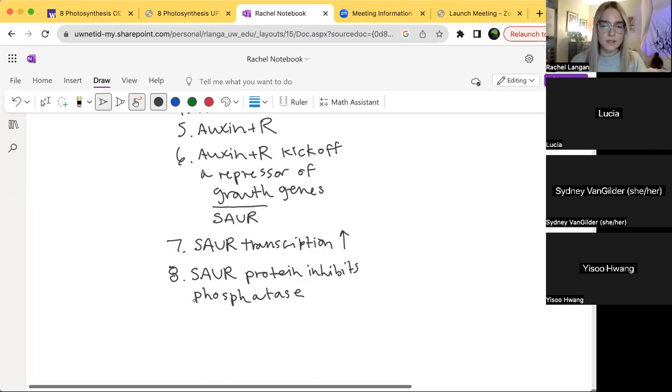And why is this relevant? Because the hydrogen pump on the membrane of plant cells only works if it's phosphorylated. So if phosphatase is around, it's going to dephosphorylate the pump, and it's going to decrease the pump's action. But if we inhibit phosphatase, then we have an increase in hydrogen pump activity.